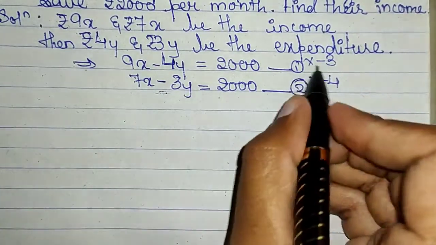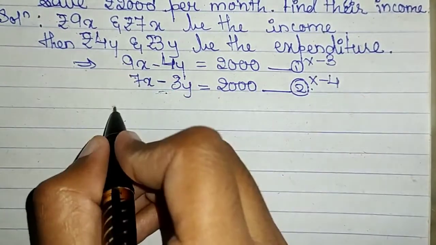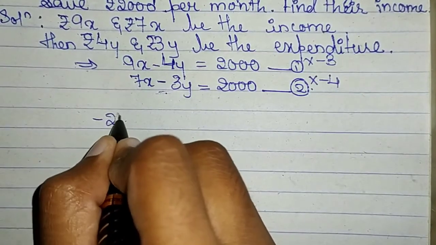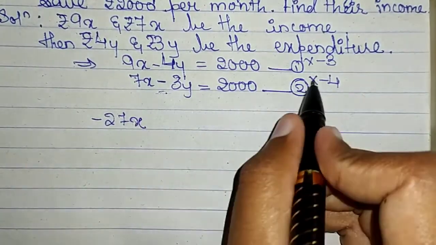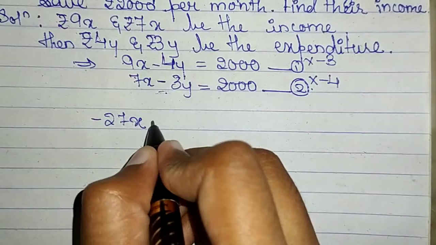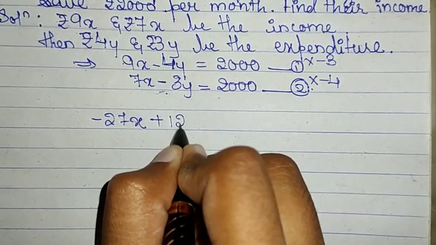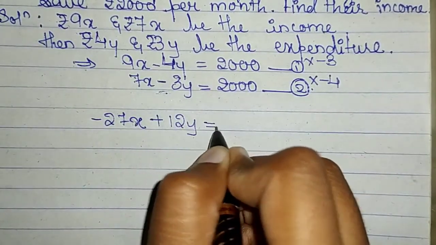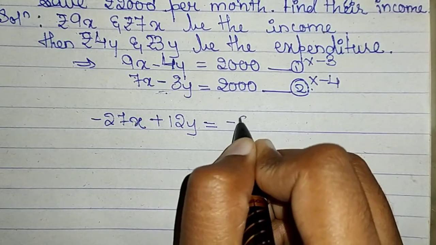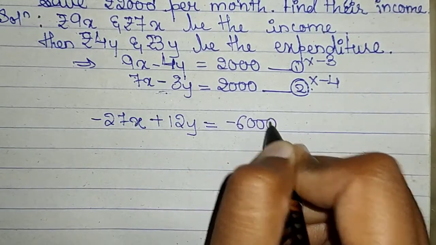Now rewriting the equations, -3 into 9 is -27x, -3 into -4 is plus 12y, equal to -3 into 2000, which is -6000.